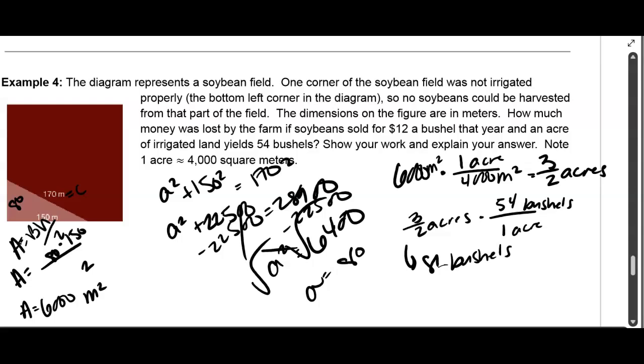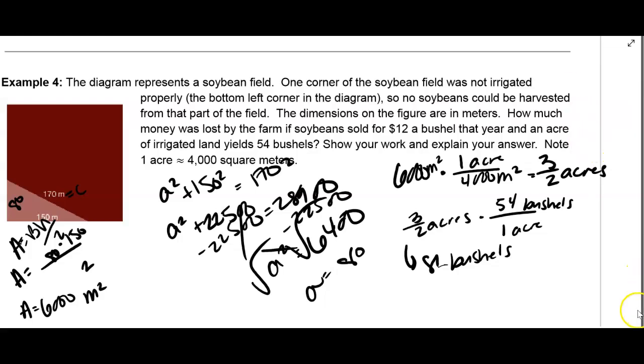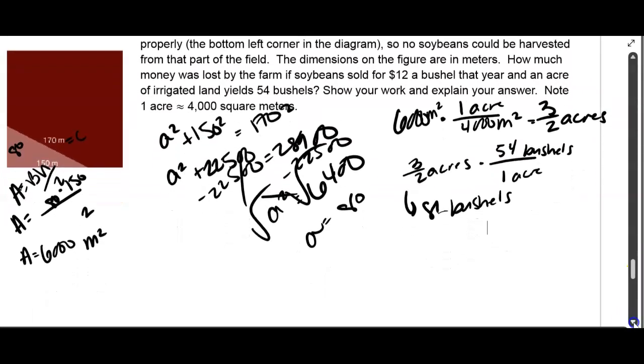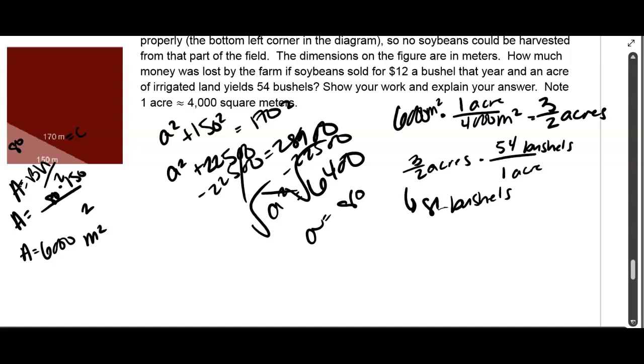And then they tell me that they sold for $12 a bushel. So then I'm going to take this 81 bushels and multiply it by the unit conversion of 1 bushel is worth $12.